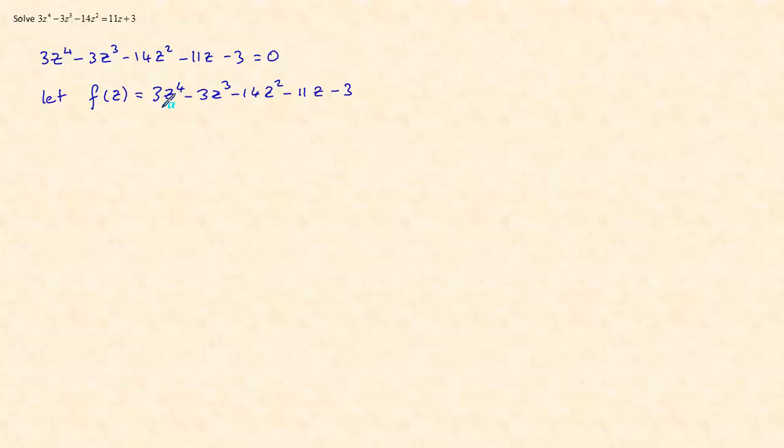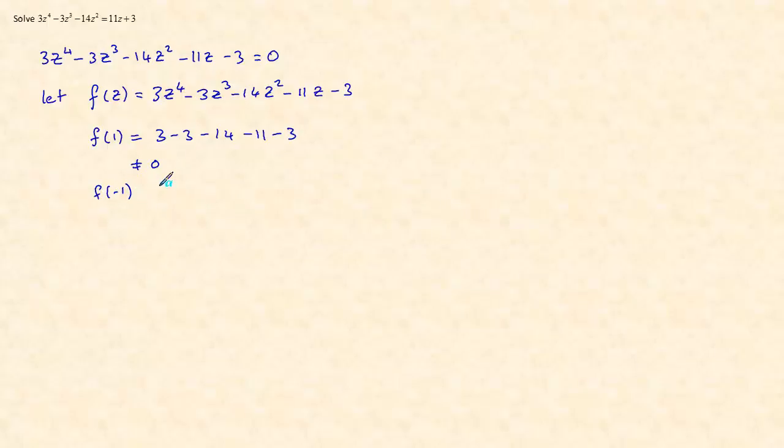Now this is a quartic, so to get down to a quadratic, ideally I'd like to find 2 of my factors by using the factor theorem. So let's try f of 1. So that's 3 take away 3, take away 14, take away 11, take away 3, and that clearly is not 0.